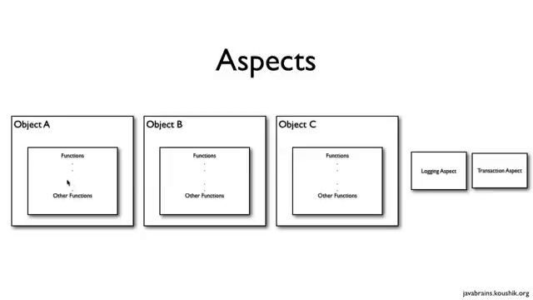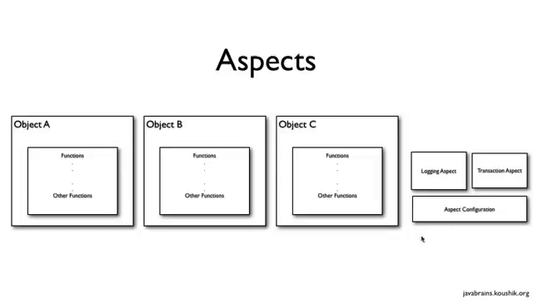Say you want to have some methods in objects A, B, and C use the logging aspect and the transaction aspect. If it were an ordinary class, you would have to instantiate an object of the class and then call the methods. You wouldn't do that for aspects. What you would do instead is define a configuration, the aspect configuration, which tells which objects and which methods these aspects should apply to.